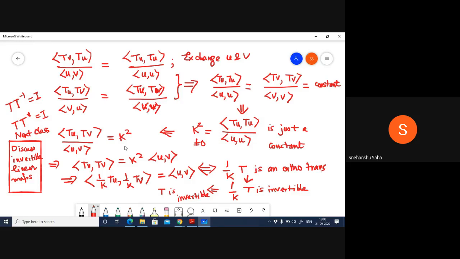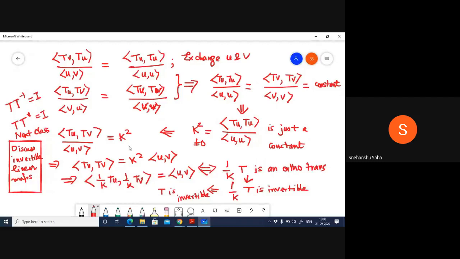So implicitly we are using it, because I'm setting this constant as non-zero. Unless you give me that condition, that a non-zero vector maps to a non-zero scalar, you could argue otherwise. So in that way we are using it, because we are setting that constant equal to non-zero.